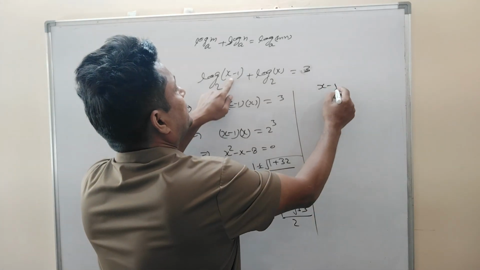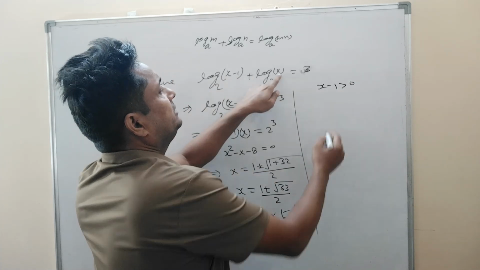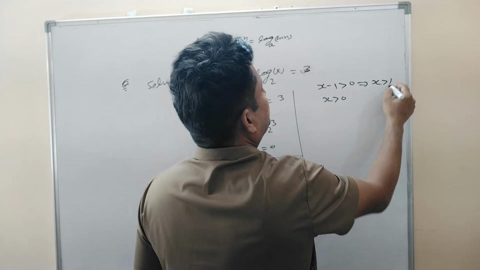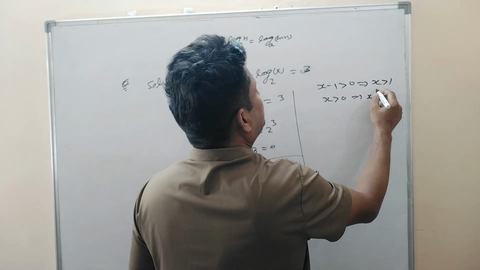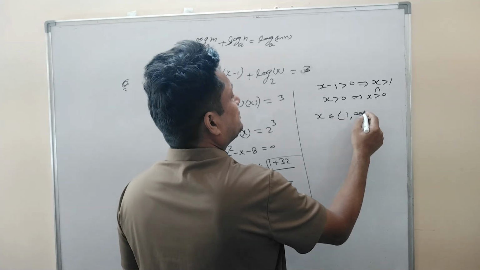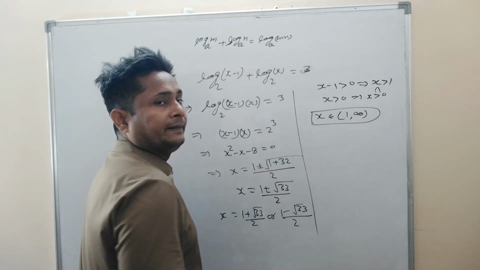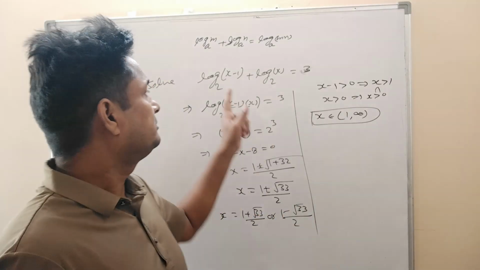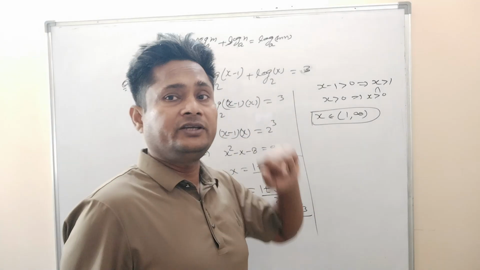So x minus 1 must be greater than 0, and here x must be greater than 0. From here x is greater than 1, from here x is greater than 0. Now take the intersection. This one is the set of values of x for which both logs are defined.